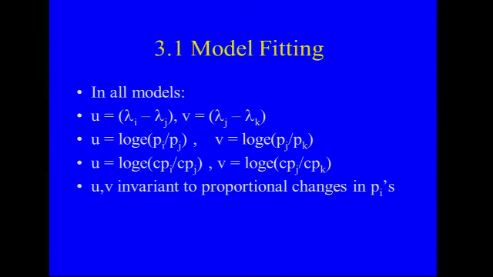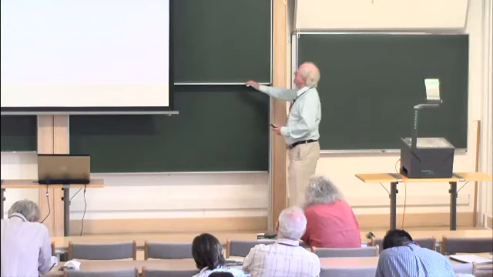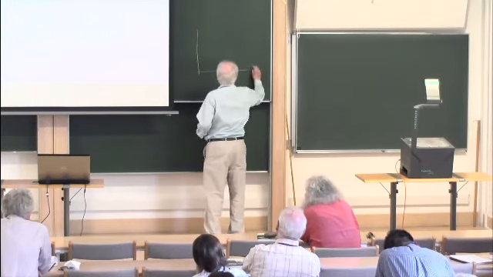In all the models, these differences U and V are logs of ratios of p-values, which are therefore invariant to proportional changes in them. Some scaling needs to be done to pin down unique values. And here is one possible constraint, but there are many, many others.